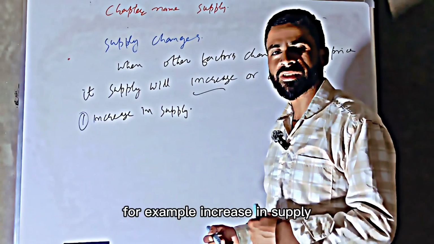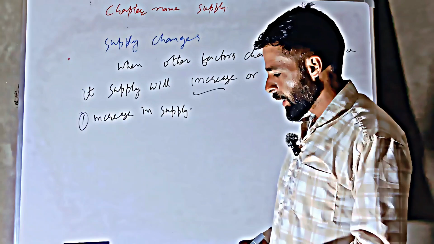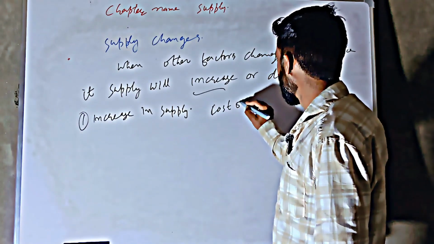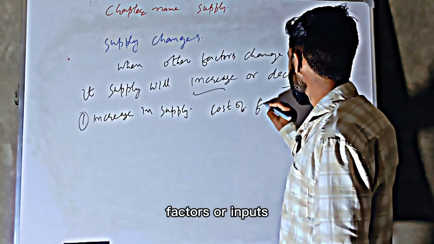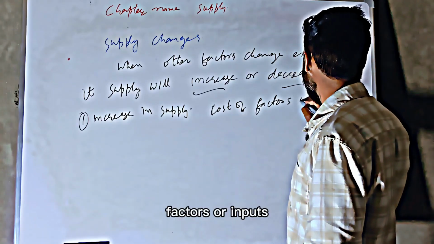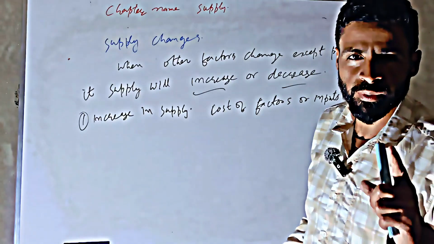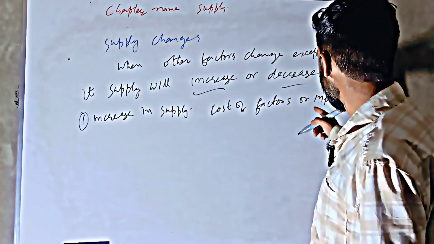For example, increase in supply. Cost of factors or inputs which the firm uses in order to produce a particular quantity.